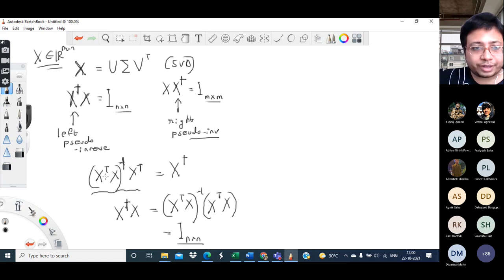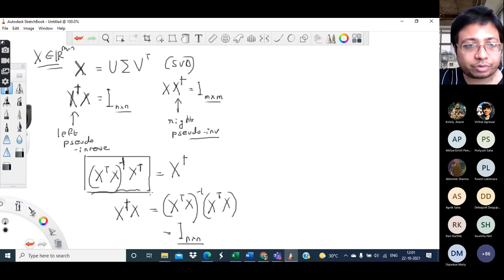So if this quantity can be calculated, then it will act as the left pseudo inverse of X. Now the question is, given X, how will I find this quantity? Where will it come from?